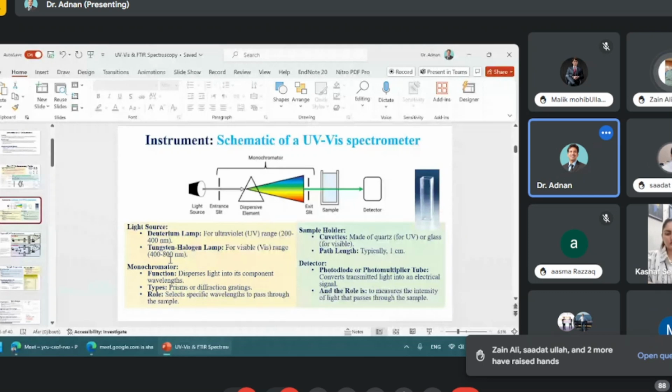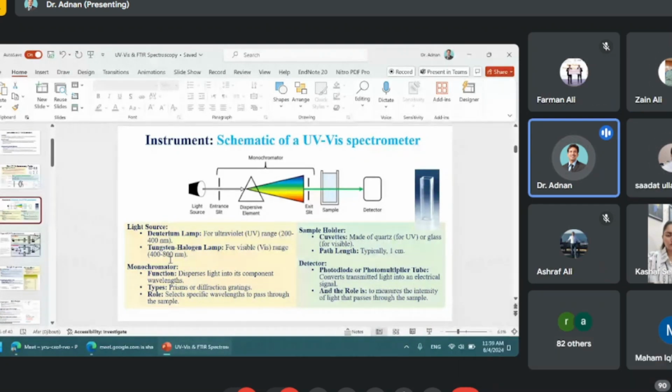Okay, sir. Sir, what is the purpose of the reference cell in double beam? Sometimes it is also referred to as the matrix. For example, if you are analyzing your substance, like rhodamine B dye, and you prepared the solution in ethanol, there are now two compounds in that one mixture: rhodamine B dye dissolved in ethanol.